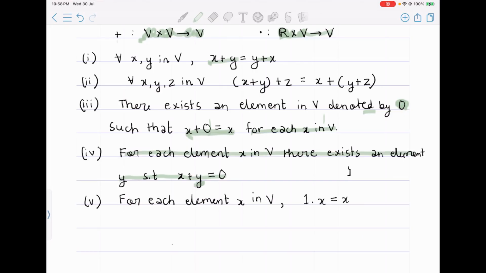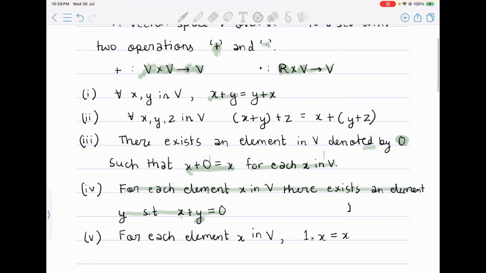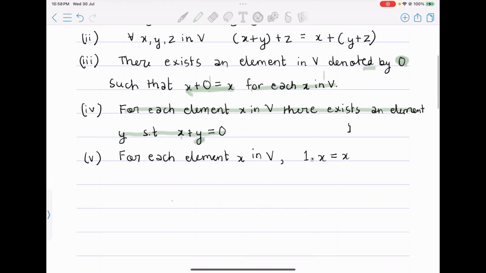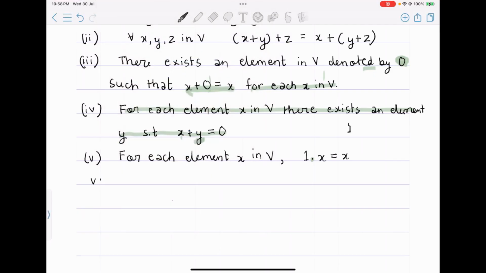Whatever you add, you get back 0. And now this dot comes into the picture. If you take one and multiply with any element, you should get this element back.